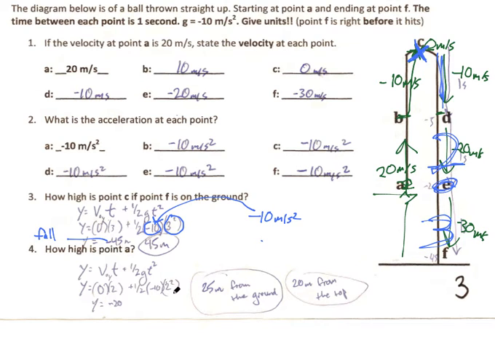So that's where I'm getting this 2 from over here. Again, the negative 10 comes from gravity. We've rounded it off. The 1/2 is part of the formula. The time over here would still be considered 2 because it was 2 over here. And my initial velocity at this point is 0.